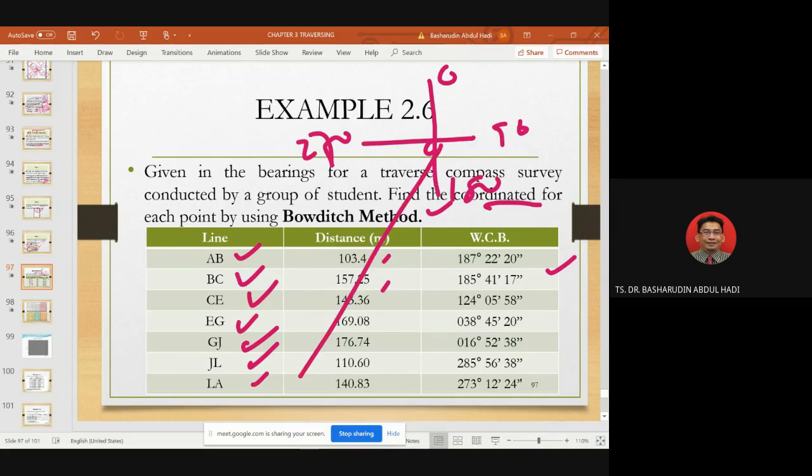Something like this. You get this point, A, and this one, B. So the distance is 103.4, and it is measured from A to B using what?